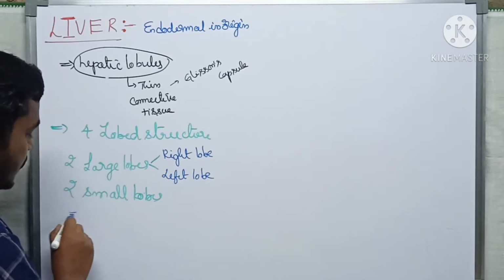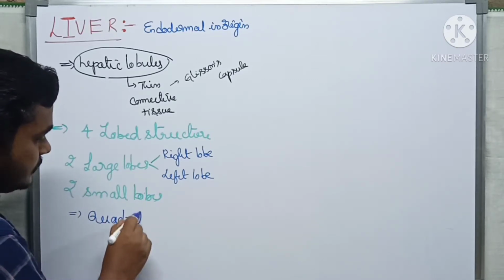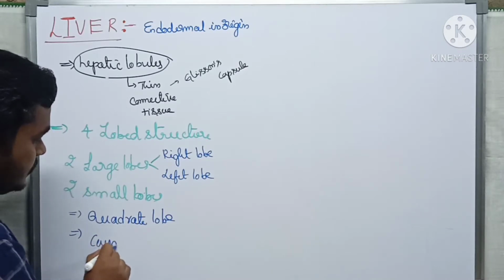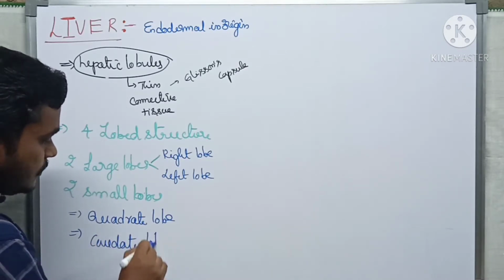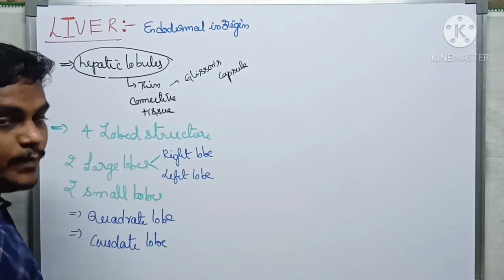The two small lobes are the quadrate lobe and the caudate lobe.